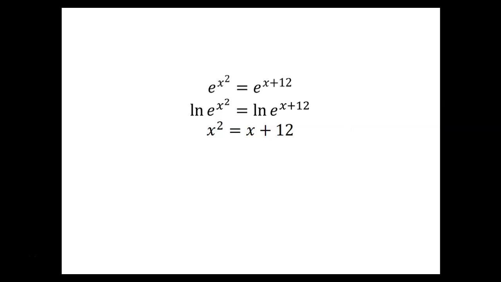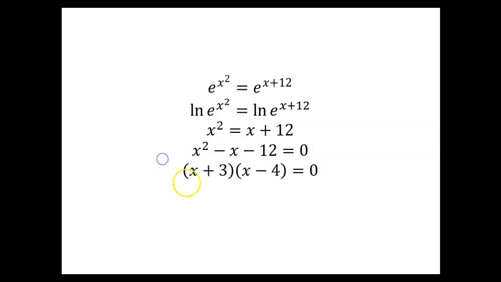Okay, how do we deal with that? Well, that is a good old-fashioned quadratic equation. It's an equation that involves x squared. Remember how we solve those? Start by getting everything on one side equal to 0 on the other side. So x squared minus x minus 12 equals 0. And then we could either use the quadratic formula, or here we could just factor.